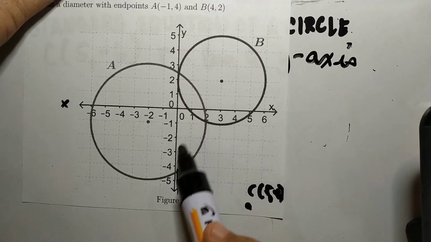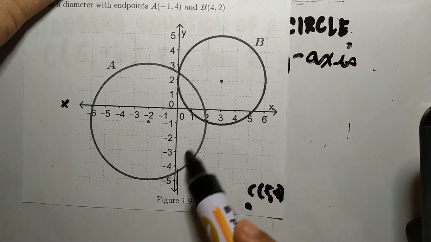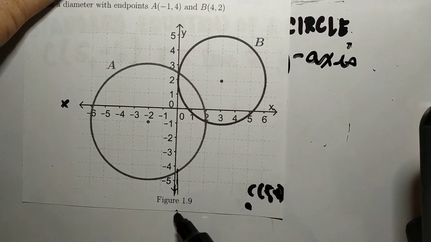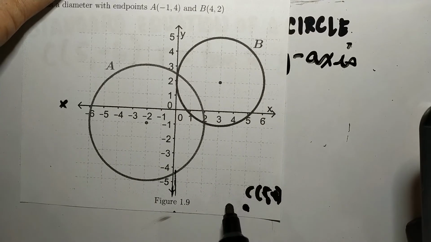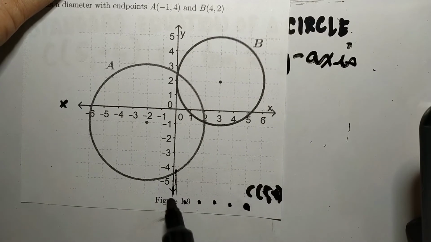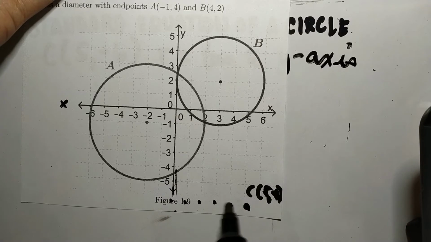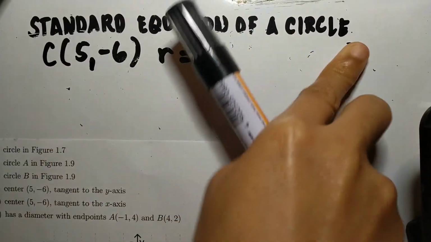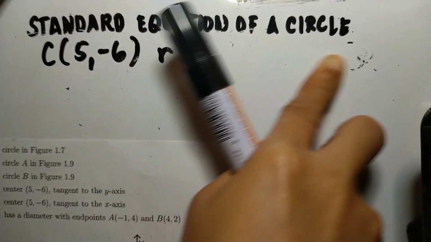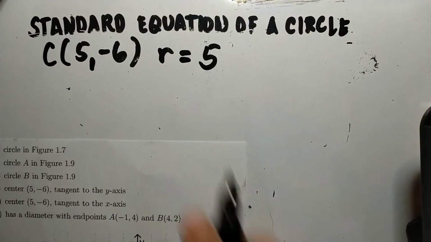Kasi, dyan siya iikot. Dito magsa-stop yung circle, magta-touch sila at 1 point, tapos iikot na naman. Okay, so bilang natin. 1, 2, 3, 4, 5. So, ilan yun? 1, 2, 3, 4, 5. The radius becomes 5. So, kung tatanggalin natin to, r becomes 5.